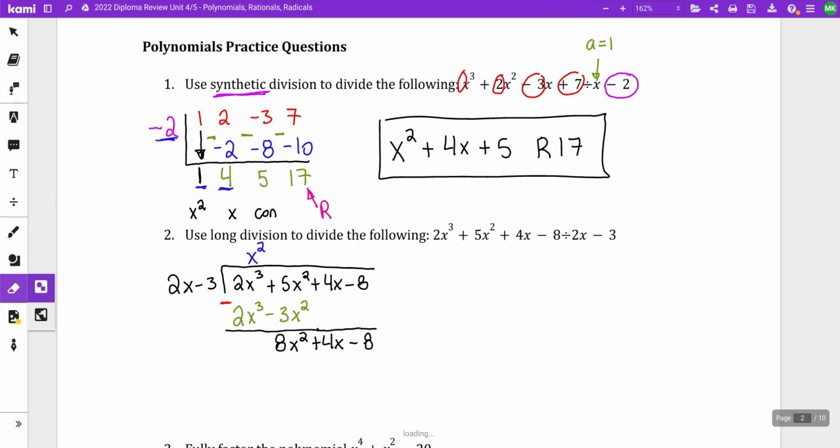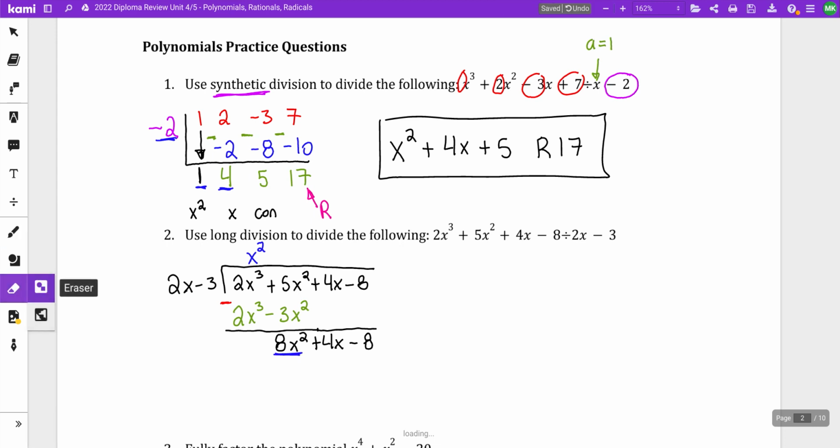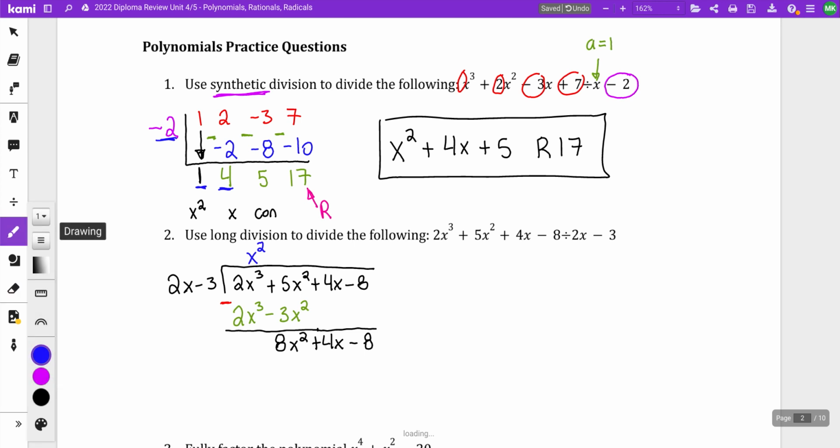Then repeat that exact same process. Focus on the first term of your divisor, 2x. I want it to be the same as 8x squared. To make it the same as 8x squared, I would have to multiply by positive 4x.